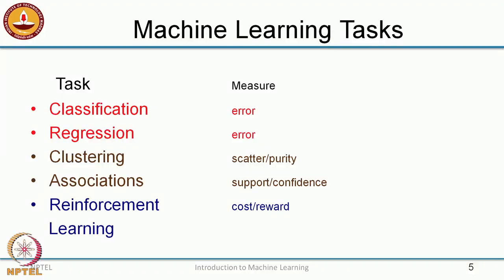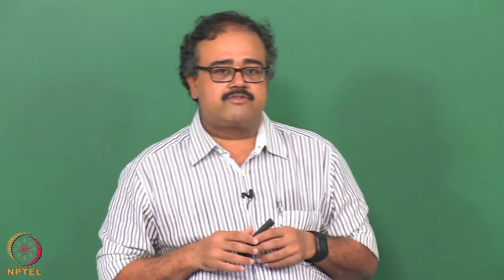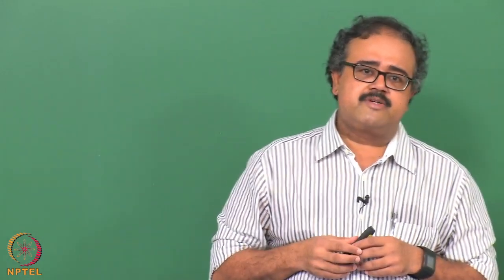So, like I said earlier, for every task you need to have some kind of a performance measure. If you are looking at classification, the performance measure is going to be classification error. We will talk about many different performance measures in the duration of this course, but the typical performance measure you would want to use is classification error. So, how many of the patients did I get incorrect?